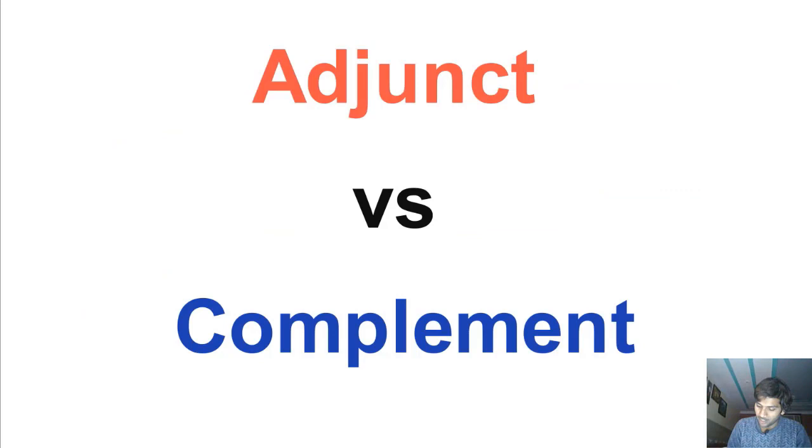Now, before we sum it up, an important thing to talk about: the difference between an adjunct and a complement. A lot of people confuse a complement with an adjunct. You should not. A complement gives essential information about something, it completes the meaning of something. An adjunct does not.